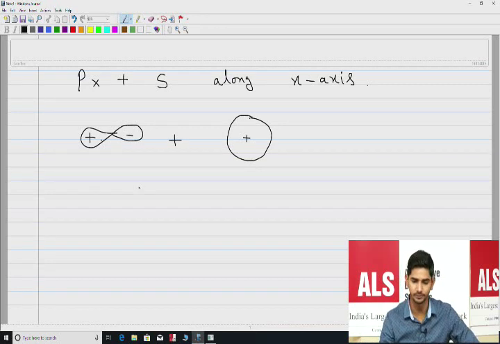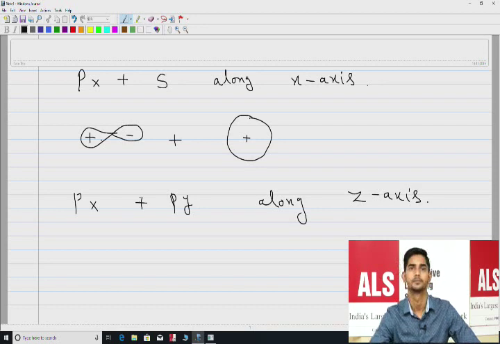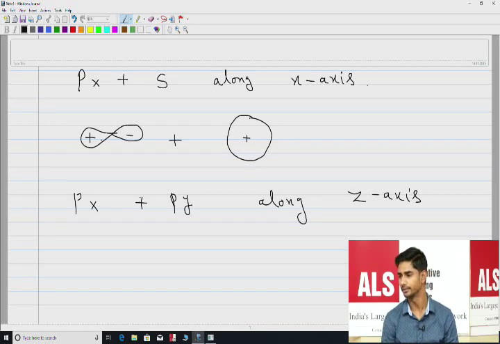Now tell me this one. Px plus Py along z-axis. Tell me what kind of overlap this one can have.